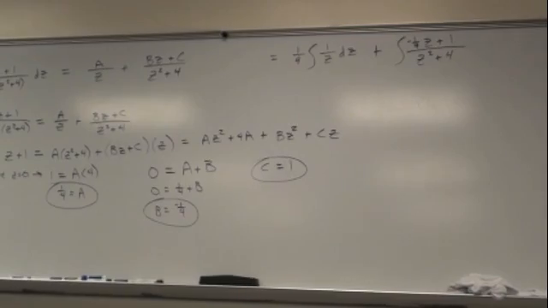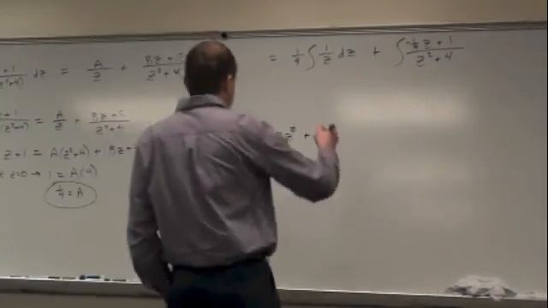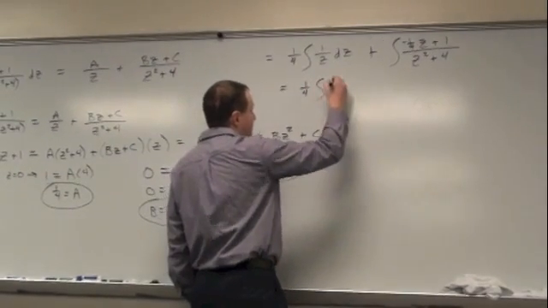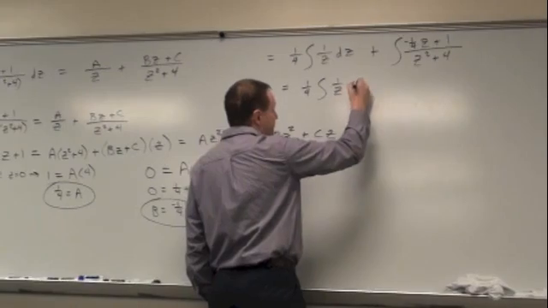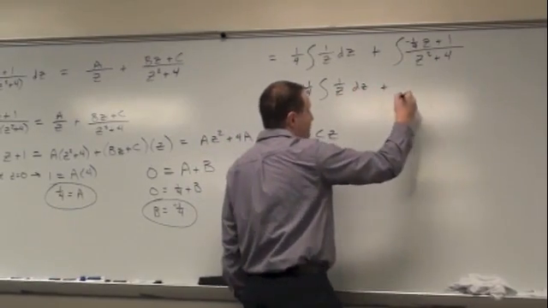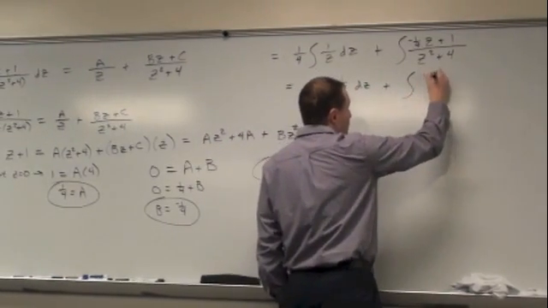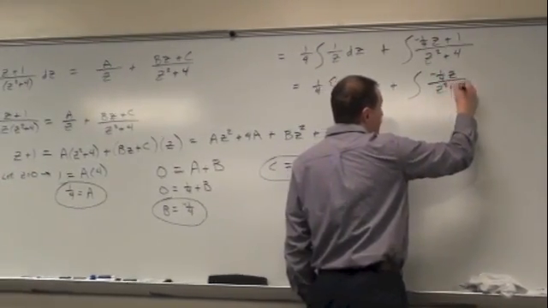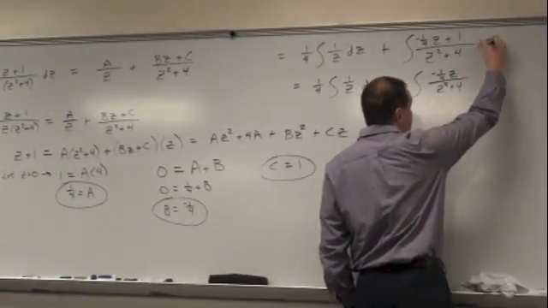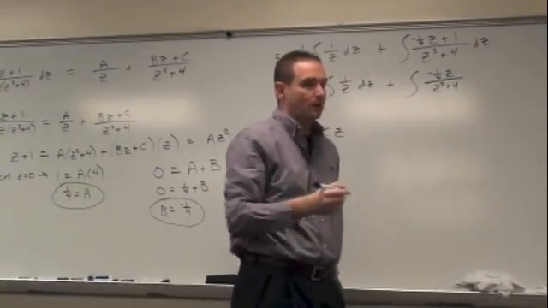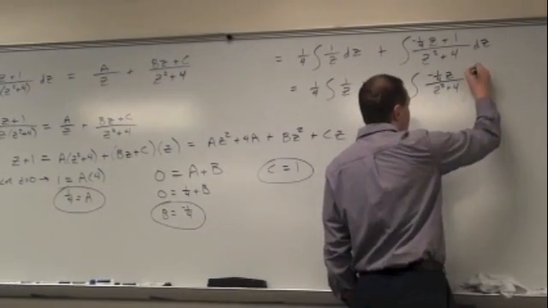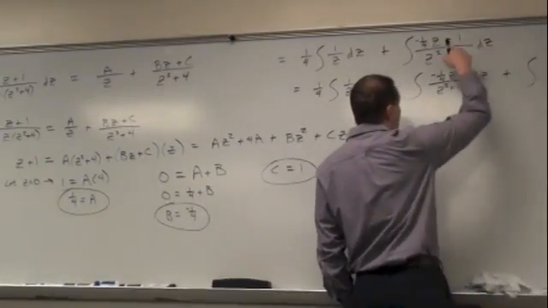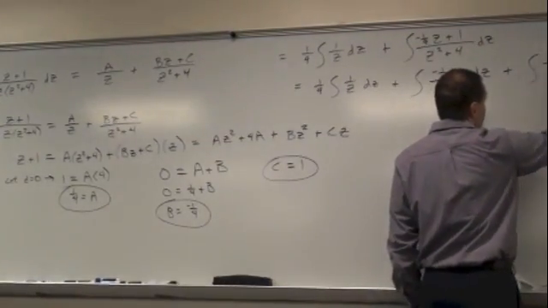So separate it. My idea here is I'm going to say 1/4 integral 1 over z dz plus negative 1/4 z over z squared plus 4. And that is horrible notation. I didn't put the dz there. That bugs me. Plus 1 over z squared plus 4.